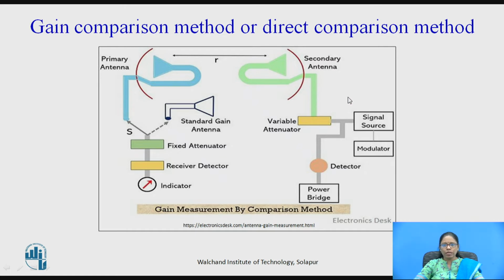As you can see here, the attenuator pad is also kept. At the receiving end there is a detector and an indicator, and at the transmitting end there is a signal source through a variable attenuator. There is a detector as well as a power bridge.